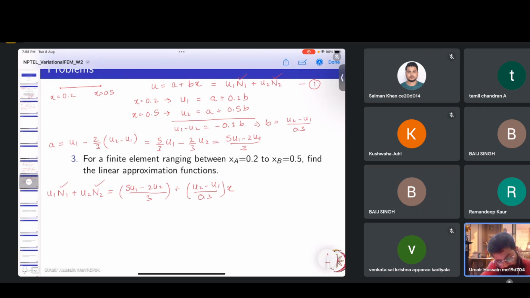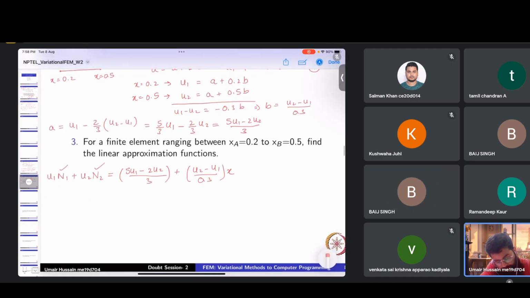Okay. So if we put x equals 0.2, we'll get 5 u1 minus 2 u2 by 3 plus 2 u2 minus 2 u1 by 3.